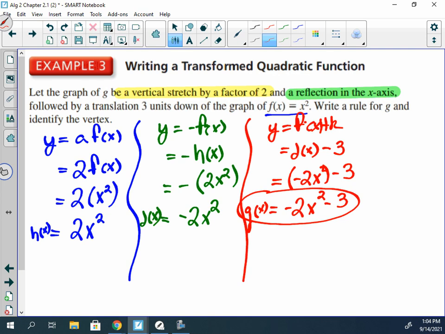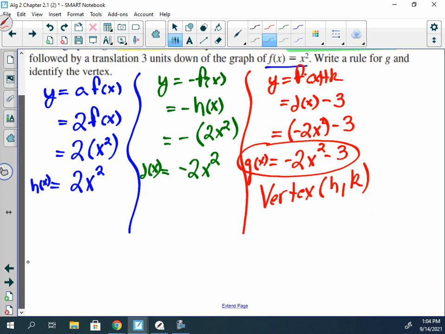Now, the last thing we have is what they call the vertex. Now, the vertex is h comma k. Do we have an h value? Well, h is inside the parentheses, being either added or subtracted from our x value, yes?